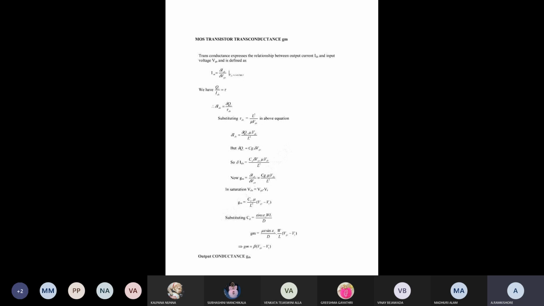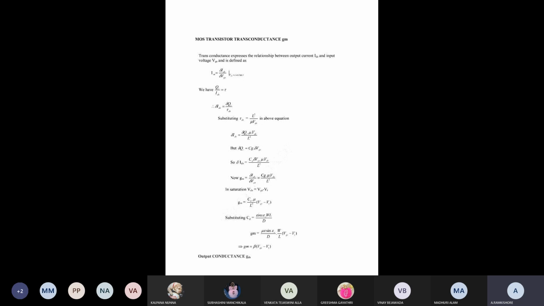From IDS versus VDS, we know that tau ds is equal to L square by mu into VDS. So we substitute tau ds in the IDS equation, so that delta IDS becomes delta QC by L square by mu into VDS.